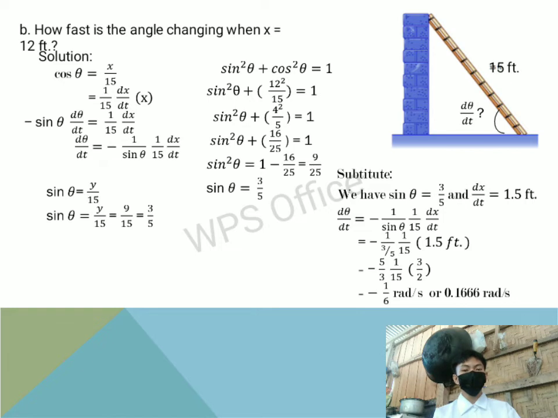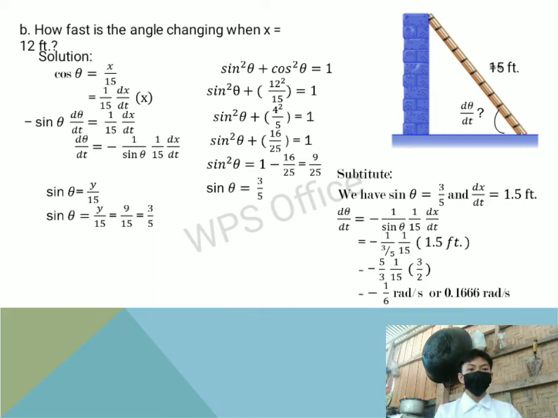So now let's proceed to finding the value of sin theta, which is equal to y over 15. Sin theta is equal to 9 over 15, which is equal to 3 over 5. Now we need to substitute.